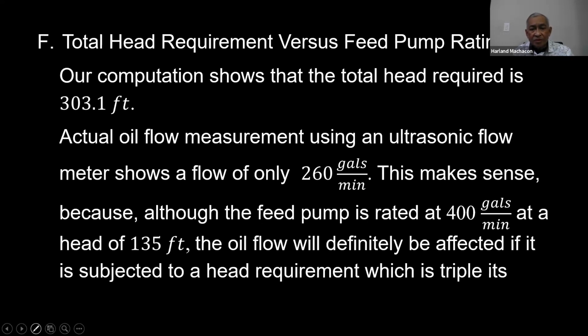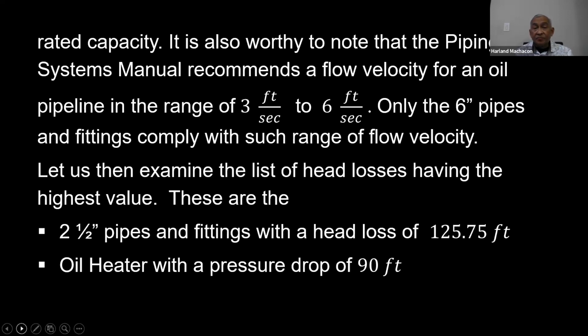The actual flow measurement using an ultrasonic flow meter shows a flow of only 260 gallons per minute. This makes sense because although the feed pump is rated at 400 US gallons per minute and a head of 135 feet, the flow will be definitely affected if it is subjected to a head requirement which is triple its rated capacity.